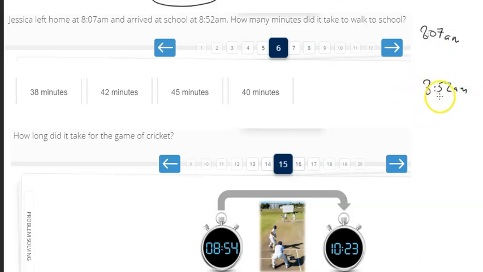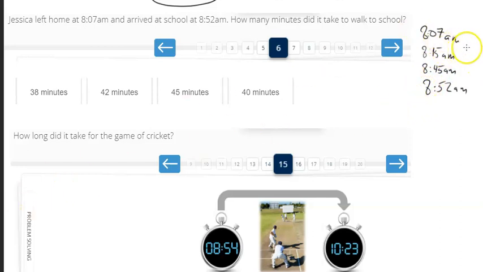Now in this case, obviously I can just do 52 minutes, take away 7 minutes and get our answer of 45. But to be consistent, I want to make sure that I'm using a fairly consistent method. I'm going to go from 8:07 to 8:15. And you've seen me probably do this in the other skill sets in the videos. I'm going to go 8:15 to 8:45 and 8:45 to 8:52.